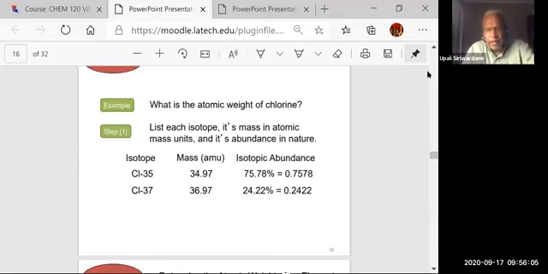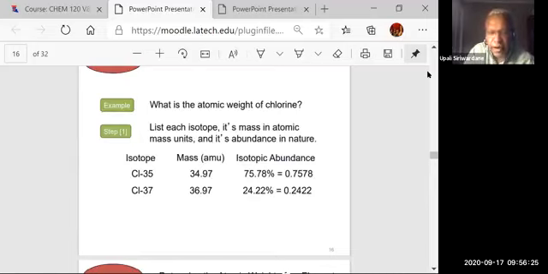So you multiply mass by abundance. The abundances are fractions. The fraction is in the last column, on the right.